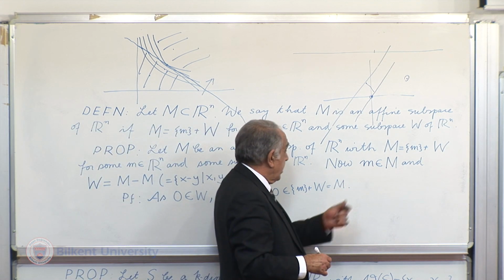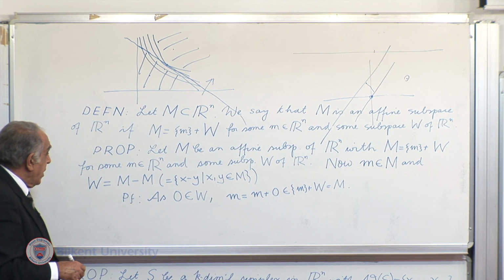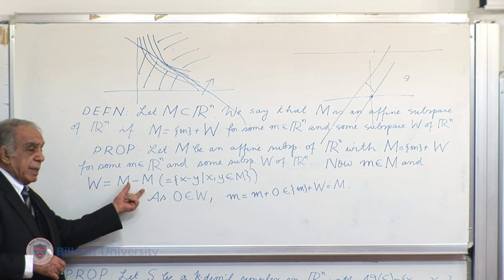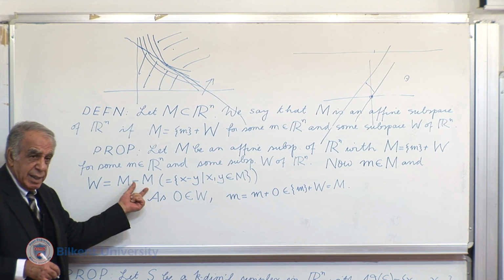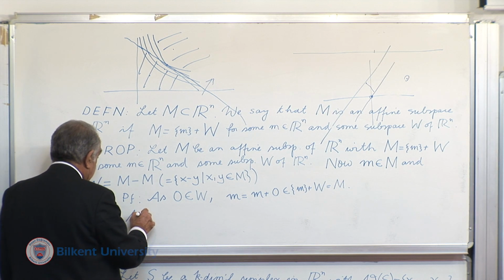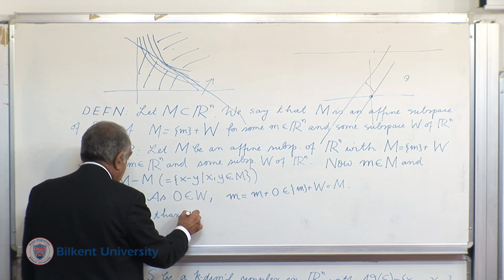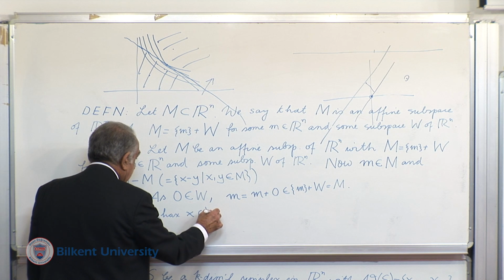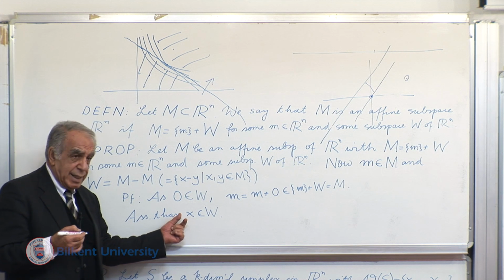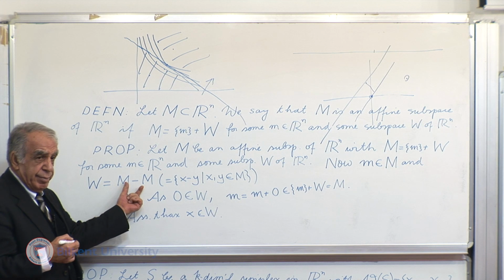Now, this seems to be a bit more intricate. Well, here we have a set equality, so we'll first show that W is a subset of M minus M, and then that M minus M is a subset of W. To do that, assume that x is in W. So the question is, can I write x as the difference of two members in capital M?